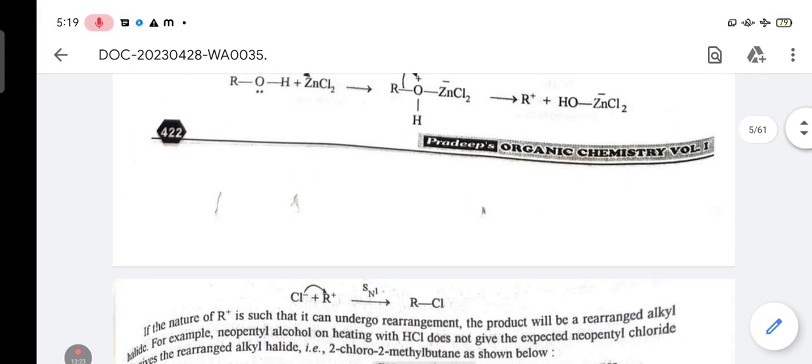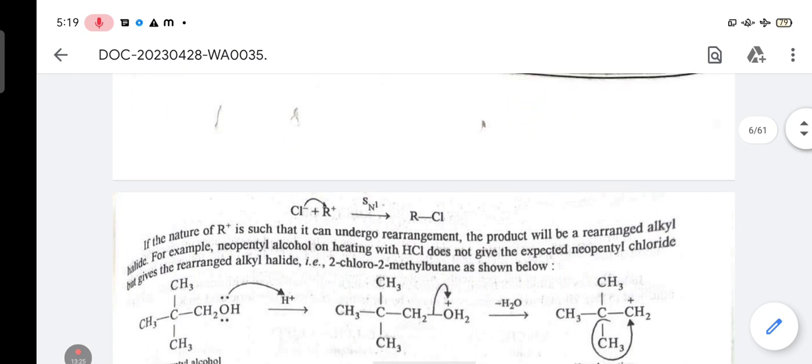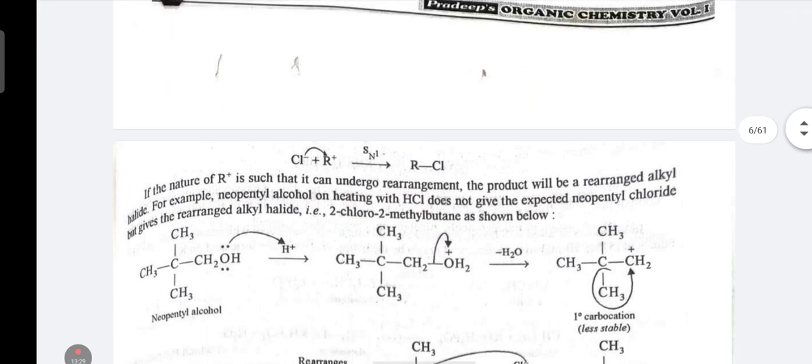After that, the carbocation reacts with the halogen atom, following the SN1 reaction, and there is a formation of alkyl halide. If the nature of the alkyl ion is such that it undergoes rearrangement, the product will be a rearranged alkyl halide.